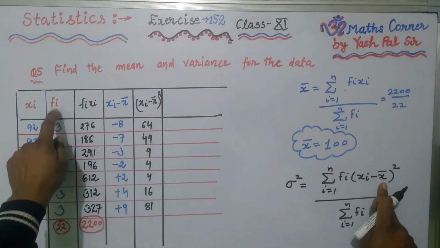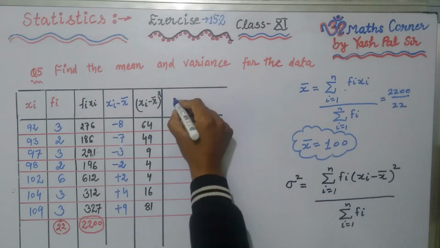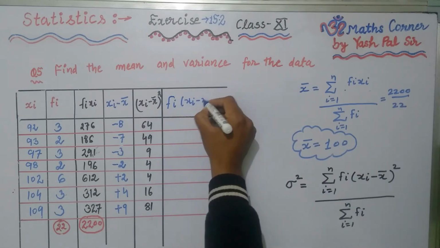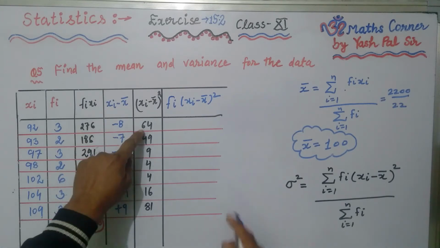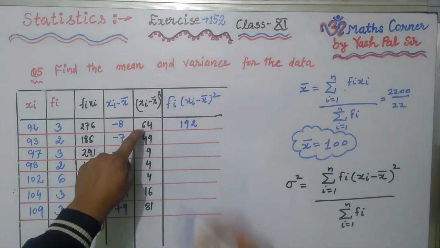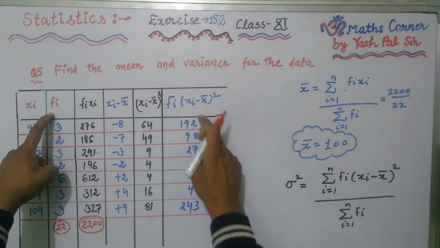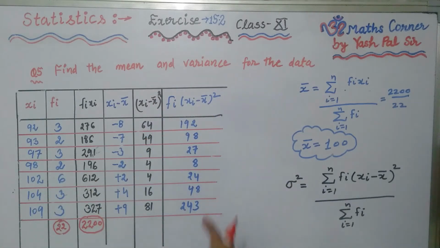Mean to say multiplying this and this. We write here fi into xi minus x bar its whole square. 3 into 64, 192, like this way, multiplying fi and xi minus x bar whole square, this column is obtained.